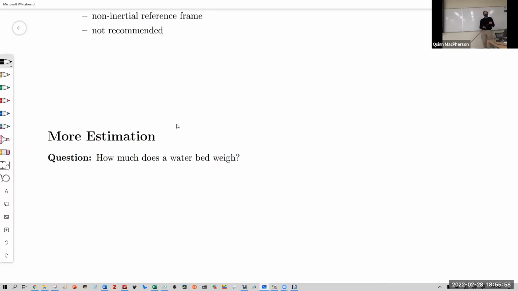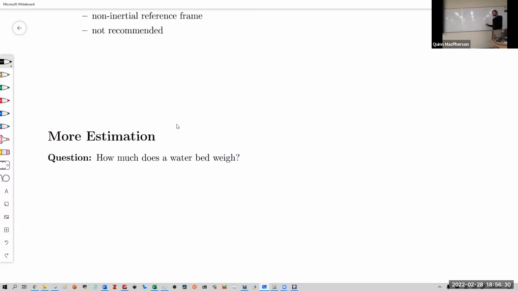How do we get the mass? Density. Mass equals density times volume. What's the density of water? Some people use kilogram per liter, some use gram per cubic centimeter or milliliter, whichever you want.